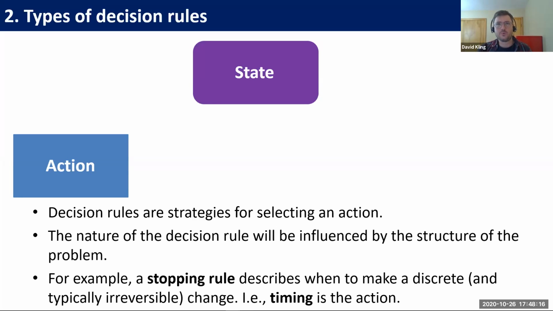You might think of a stopping rule as when to breach a dam that is near the end of its life, for any number of aims, to help fish populations recover. Maybe you're worried though about extra flooding. I don't know. This is in my region of the Pacific Northwest of the U.S. This is a big topic, and that's an example where you really have one choice. It's hard to unbreach the dam, and you might as well assume it's irreversible. And it's all about just choosing the timing of when that happens.